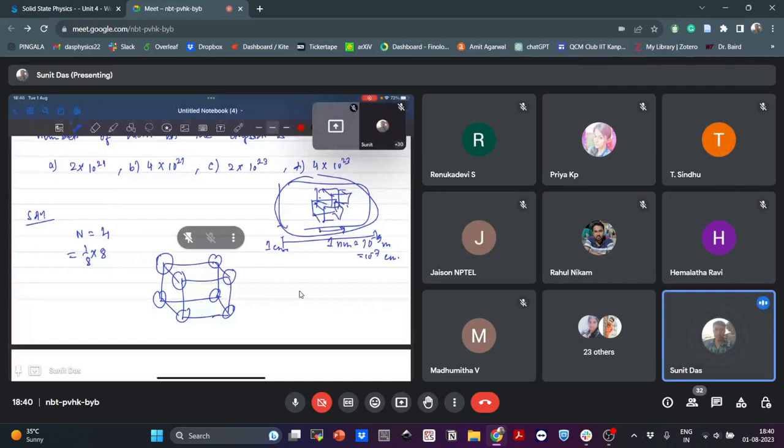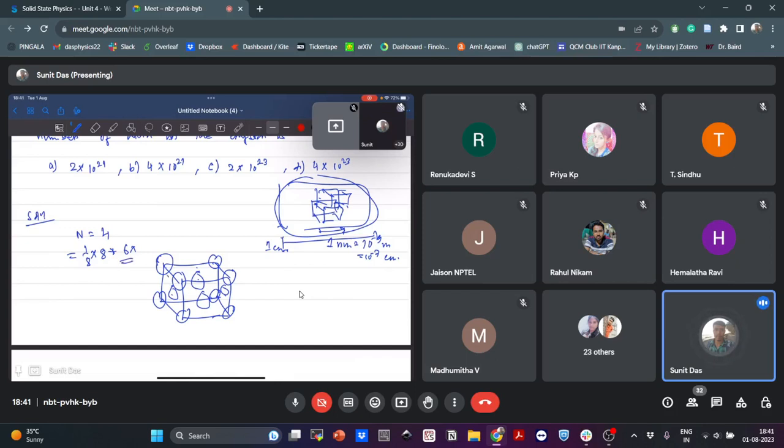Okay. So from 8 corner atoms, the contribution is 1 by 8 into 8, similar to the previous case. And then at the face, there are 6 more atoms. It will be very difficult to visualize, but how many faces does it have? 1, 2, 3, 4, 5, 6. So 6 faces will be there, and that means there are 6 atoms associated with this unit cell.